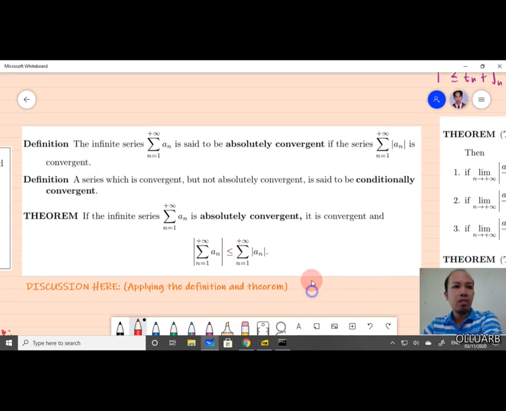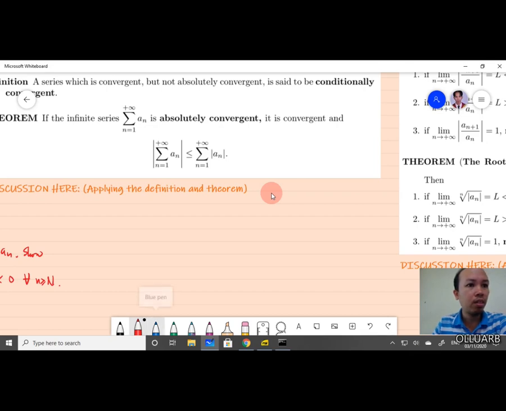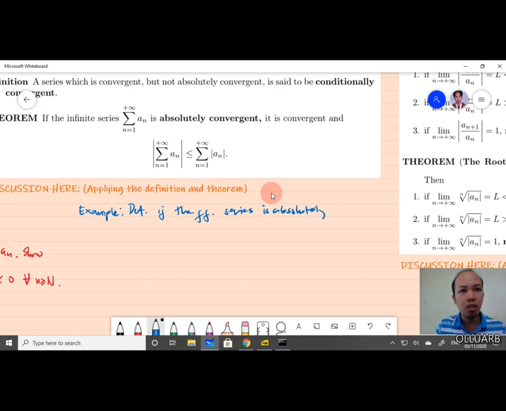Example: determine if the following series is absolutely convergent or not.